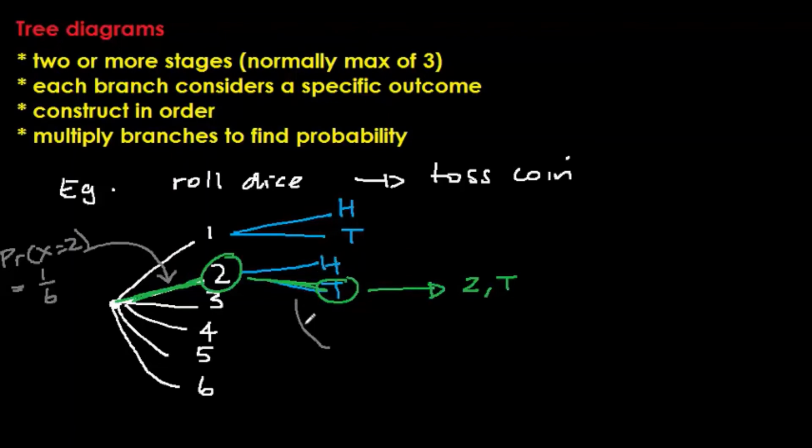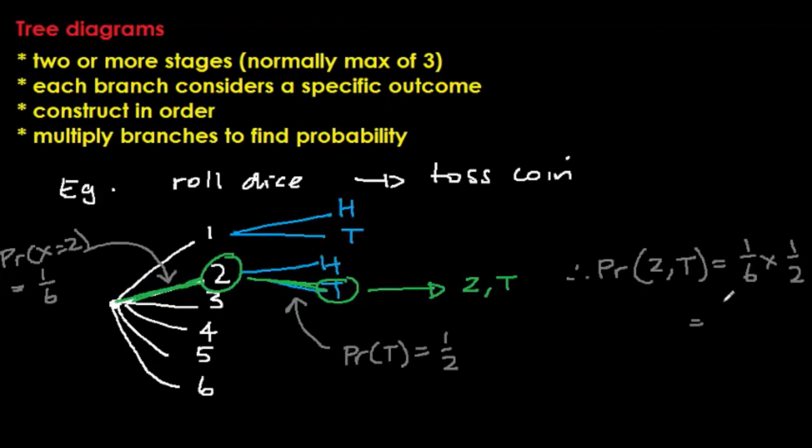Then here the probability that I have a tails is 1/2. So therefore, the probability that I get a 2 and a tail will be 1/6 times 1/2, which is 1/12. That's how a tree diagram works.